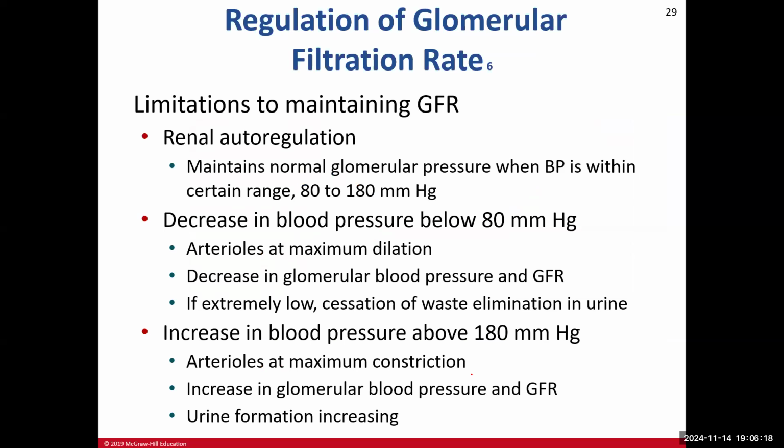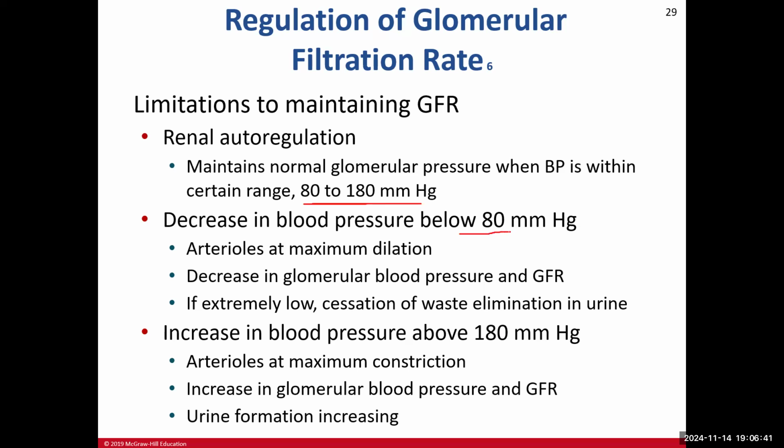So this is what this slide is talking about, the limitations that we're going to be dealing with here. The range to maintain that normal pressure is going to fall between 80 and 180 millimeters of mercury. So when we fall below that value, like I said, we can only vasodilate so much.